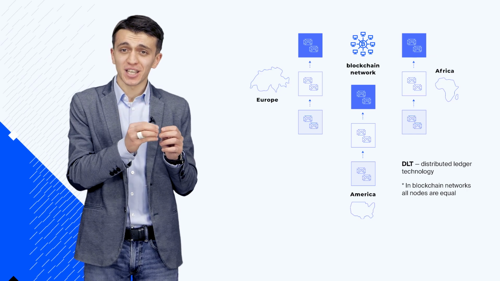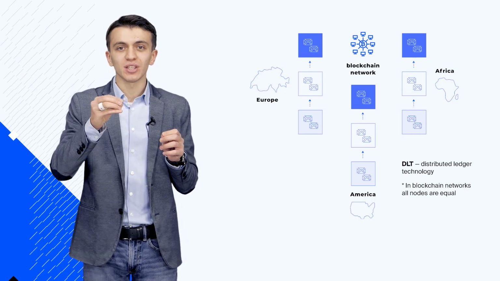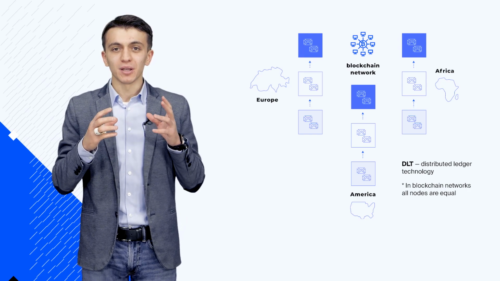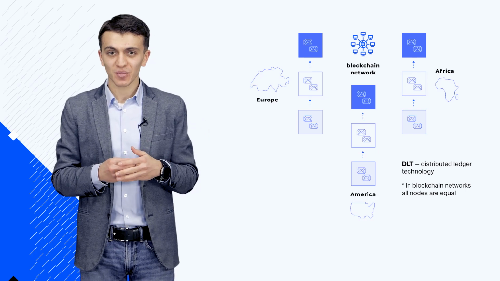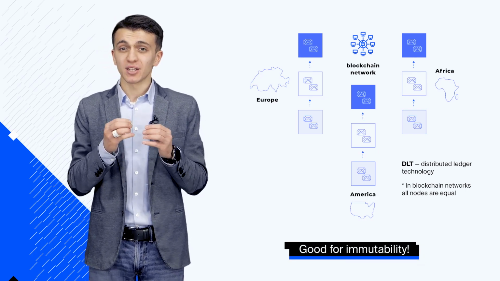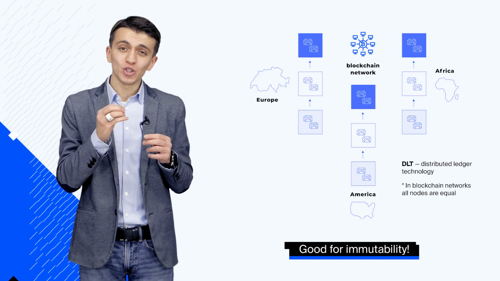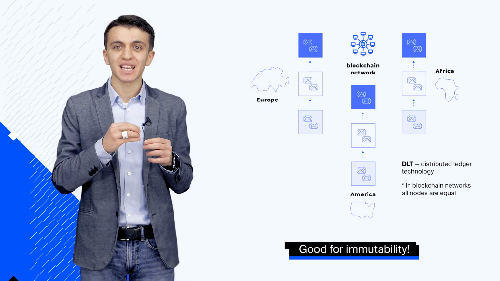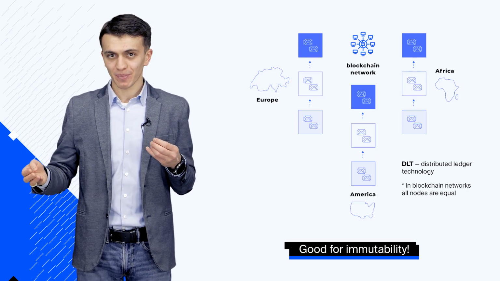Now, to change the block history, we have to rewrite the blocks on a majority of these copies. So it becomes an even more expensive process in terms of required computational resources. And again, this is good because our main goal is immutability. That is why you might have heard that blockchain is able to ensure data is immutable for a long time.